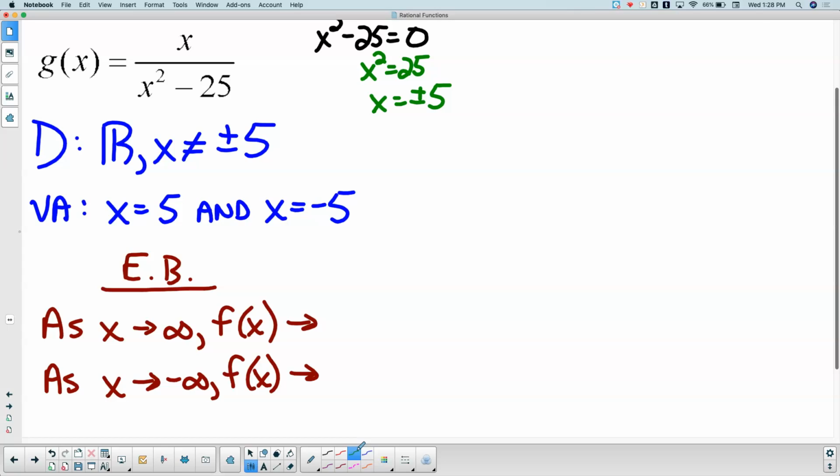Which one do you want to do first, positive or negative infinity? Positive. Okay. So if I put positive infinity into this function, I get a positive big number on top, right?